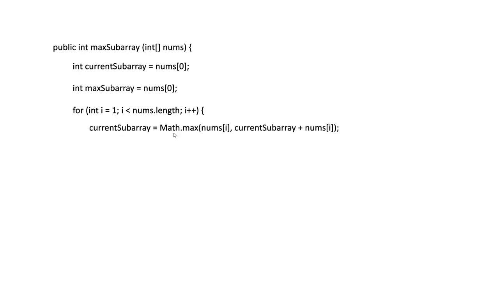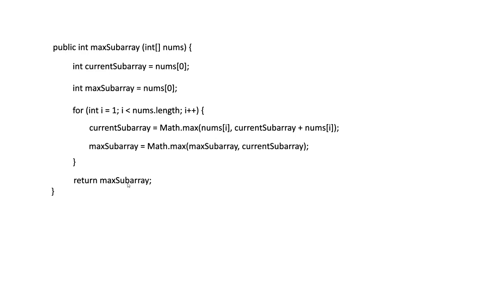Current subarray is Math.max, which is how we take the greater of the two numbers. So we have nums[i], which in our case would be the 1, or current subarray, which is -2, plus 1. And then we're going to do Math.max on the current subarray and the max subarray and get the greater of the two. And that is pretty much it, and return the max subarray.